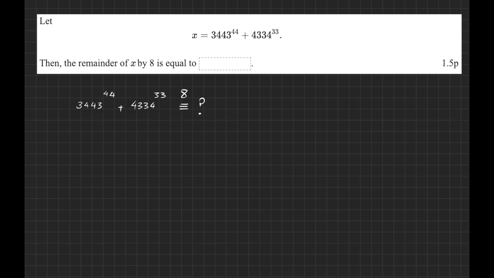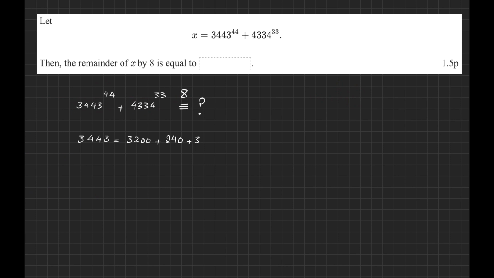Okay, but how can I do that? It's not that hard, because hopefully you immediately realize 3 to the 4 is 3443. I want to see how many multiples of 8 I can pull out. So I don't think it should be hard to realize, even without a calculator, that this number is 3200 plus 240 plus 3.